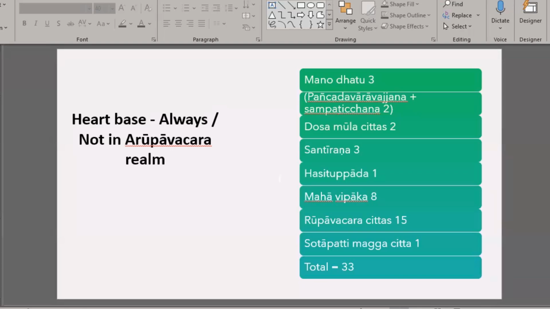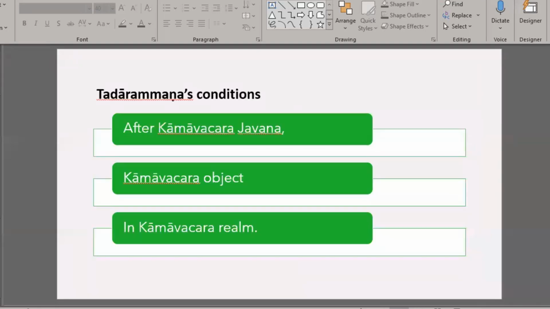When they perform the Santirana function, they arise in the Rupa realm and the Kama realm. Later on, I will tell you there are some conditions of the Tadarammana Chitta. Tadarammana Chitta always arises in the Kama realm, only the Kamavachara realm, only the sensuous plane.